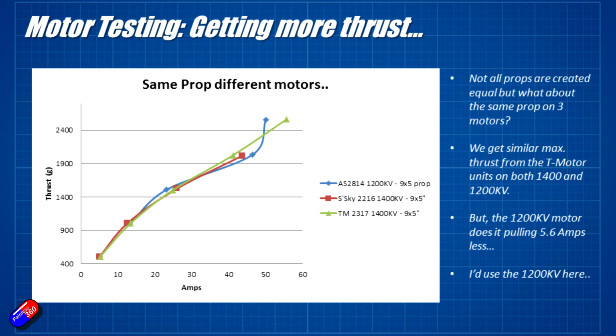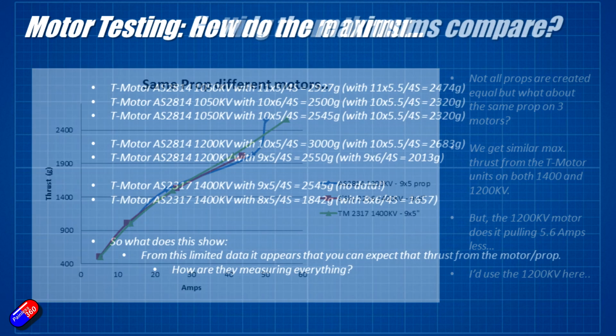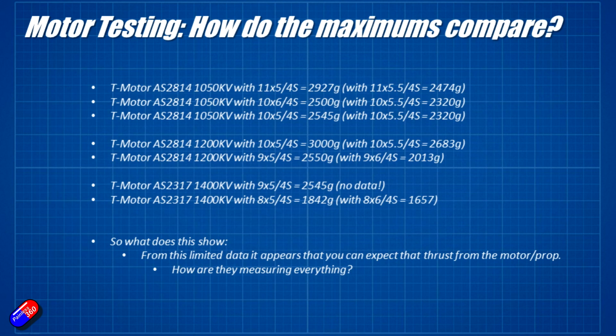So how do the maximums we got in the testing that we did compare with the maximums that are actually in the data sets? If we look at the T-motor stuff, that AS2814 1050 kV motor with the 3 different props, you can see that we were getting consistently much higher thrusts with the testing that we did.